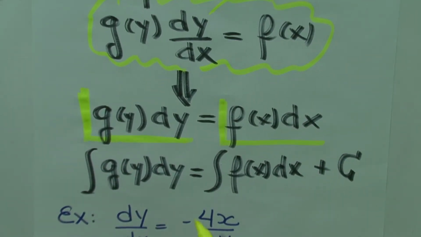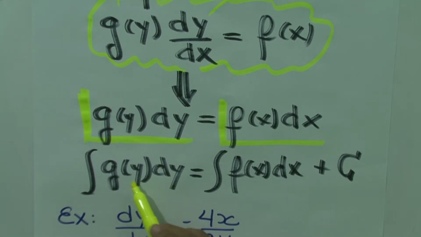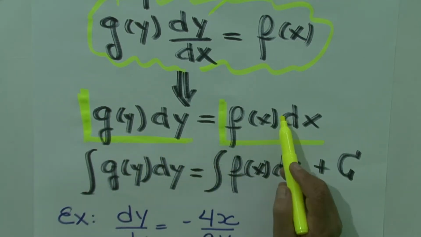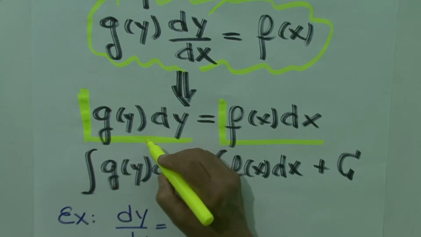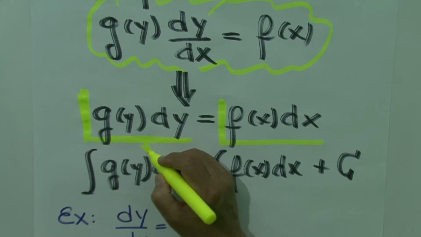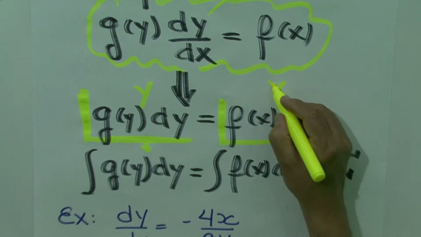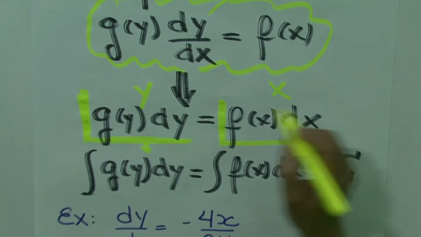So what I do then is integrate both sides, and by integrating both sides, I have something that will depend only on y here, and something that only depends on x here.